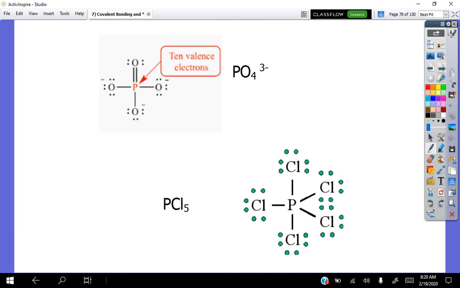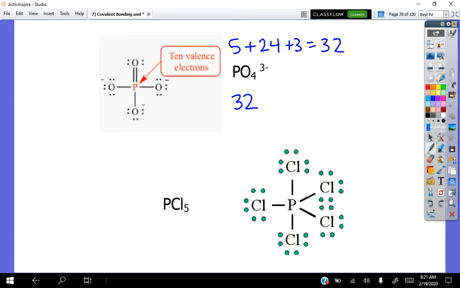So an example here of an expanded octet with phosphorus. Most people, when they go to draw phosphorus, they know that there are 32 valence electrons. Let me double check that. We got 5 from phosphorus. Each oxygen has 6, so 6 times 4 is 24, plus 3 from that charge, and yes, that does give us 32.